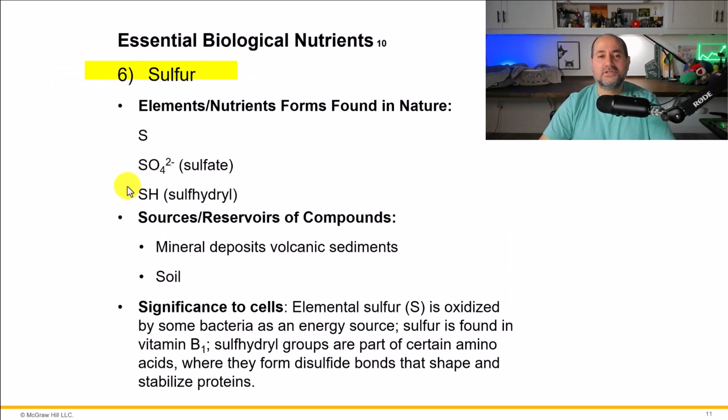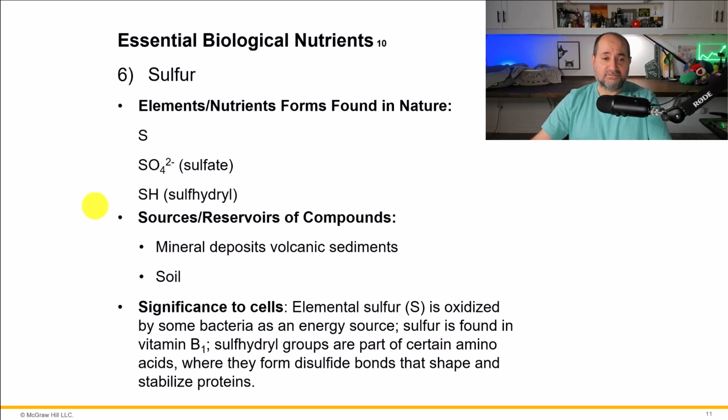What about sulfur? Sulfur is important. It's found in a couple of the amino acids, methionine and cysteine. Those are amino acids that have sulfur in them. Obviously, you don't need to memorize that, but there are reasons that sulfur is required in your diet.